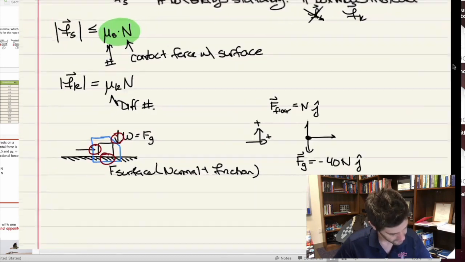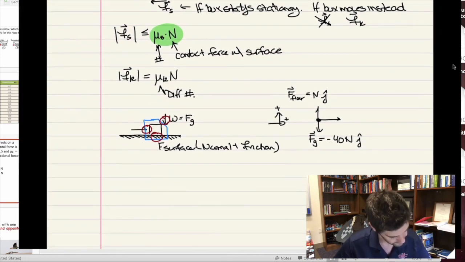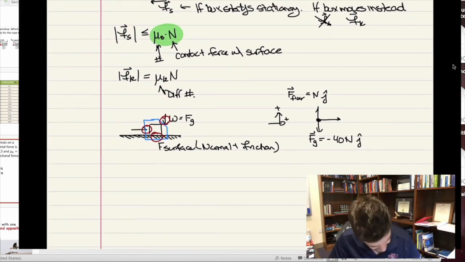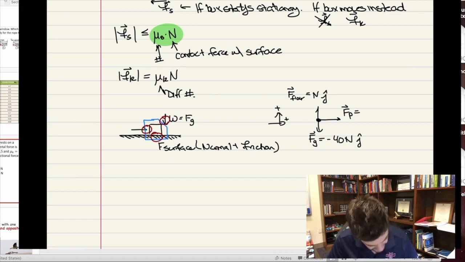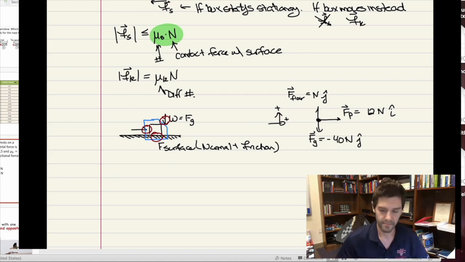Zoom out. There's a push being exerted on the object, which was 12 newtons in the horizontal direction. So I'll use i for that, plus 12 newtons.